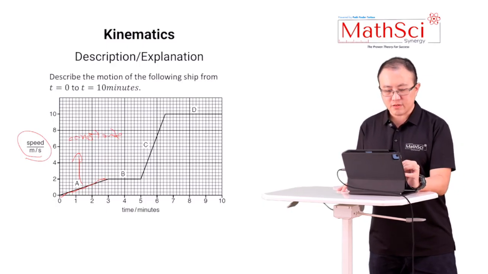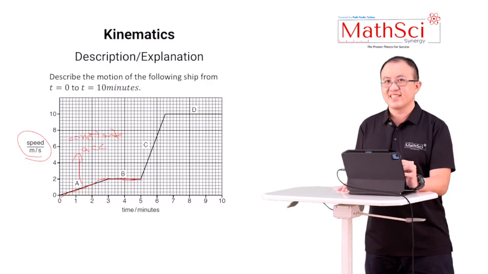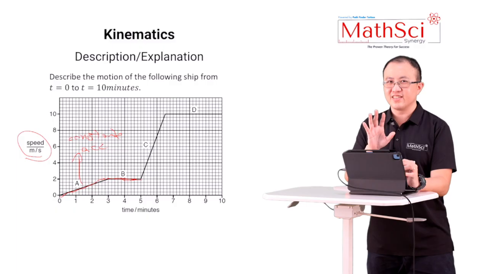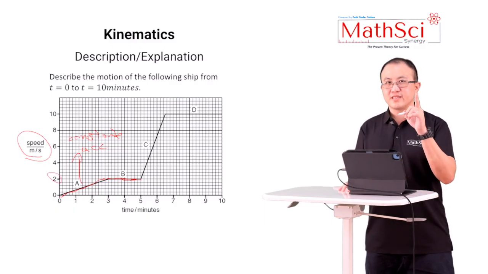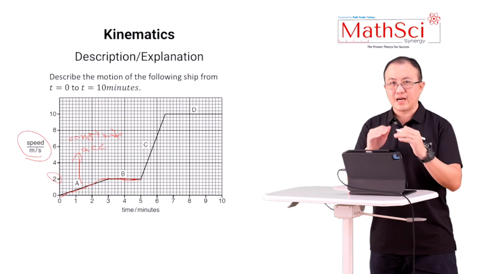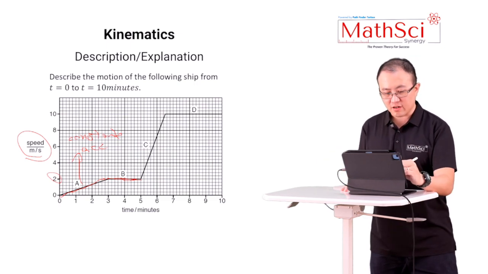Then after which, constant acceleration, this part, are you moving? Yes. A lot of people say not moving, but no, you are still moving because you have a velocity or speed, right? You are still moving, but at constant speed.